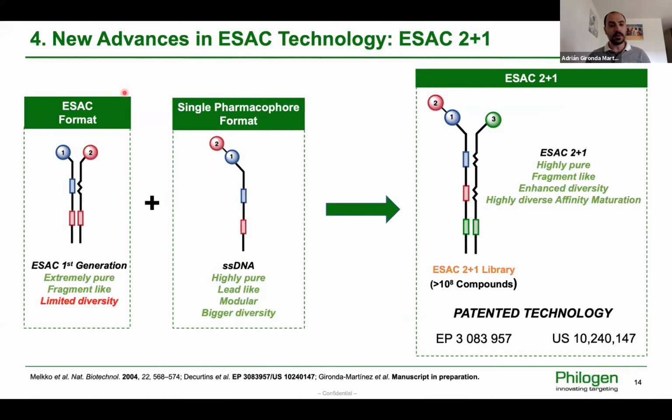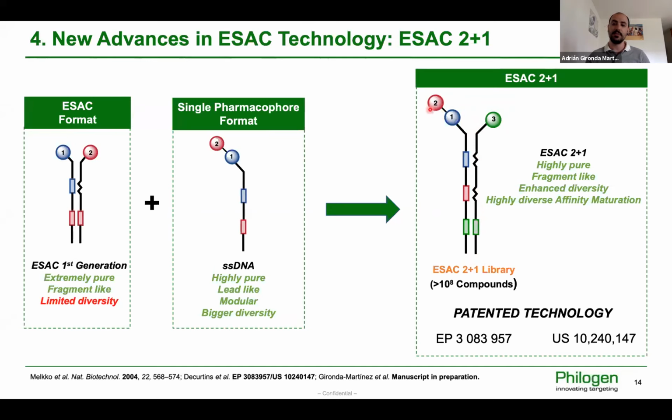Merging these two formats, we are able to produce what we call the new format, ESAC 2+1. ESAC 2+1 is a highly pure library again, because, as we mentioned before, those compounds can be individually purified by HPLC. Also, the first step on strand A can be individually purified by HPLC.